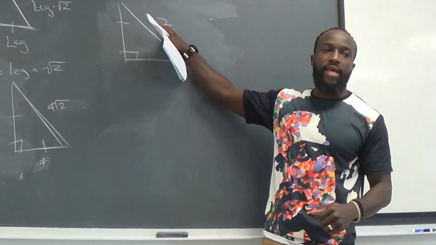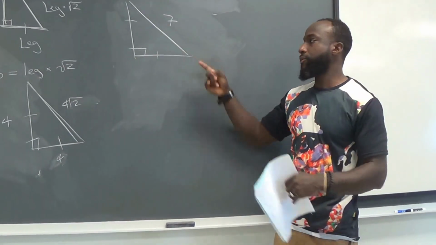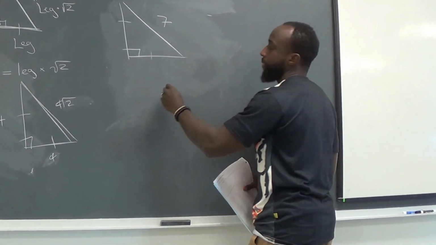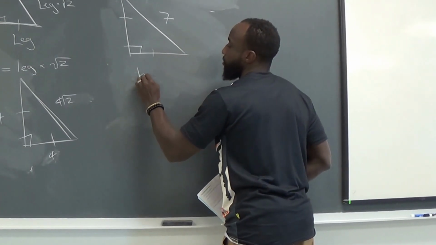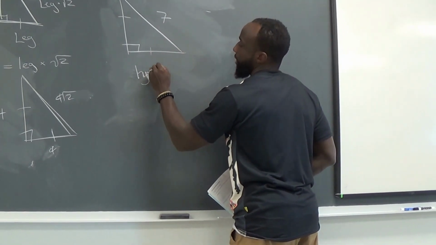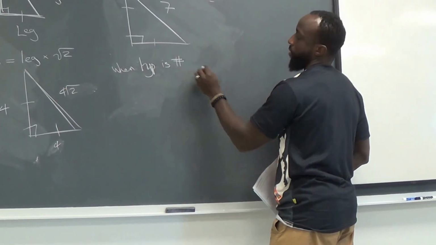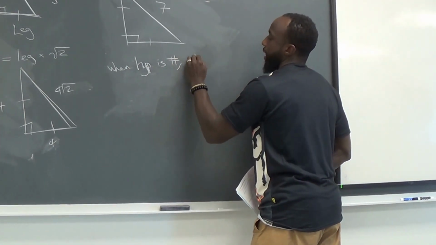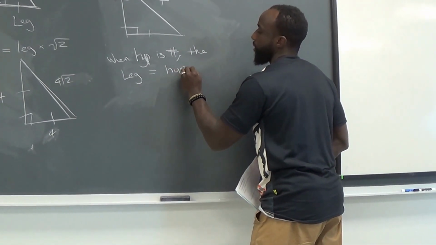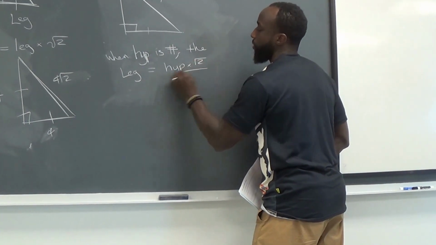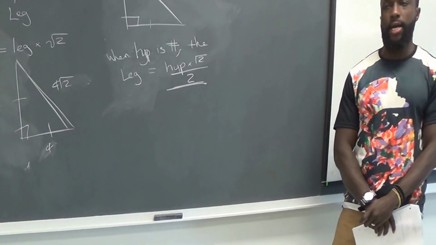If you ever get a hypotenuse that is a whole number, the leg equals the hypotenuse times the square root of 2 all over 2. All the time.